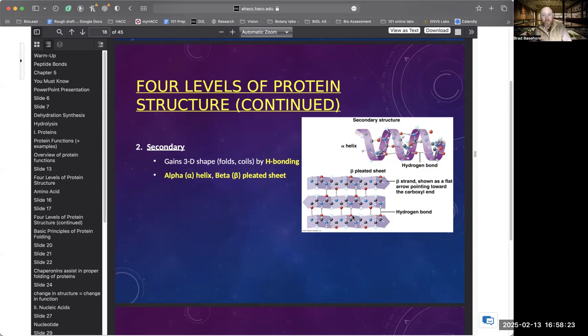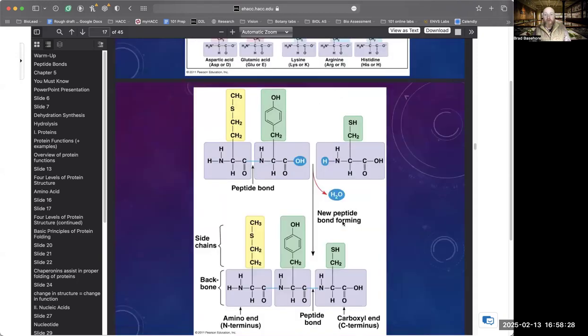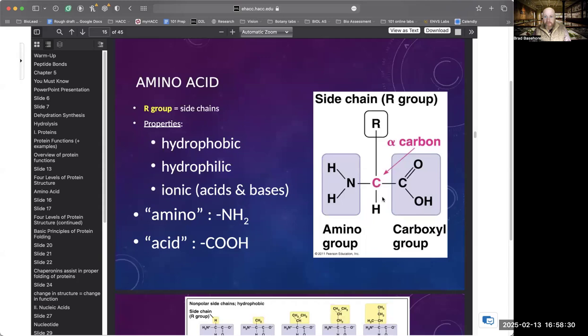And all these interactions at the second level of folding are happening because of these amino and carboxyl groups interacting. At the second level, the R groups haven't started reacting yet.